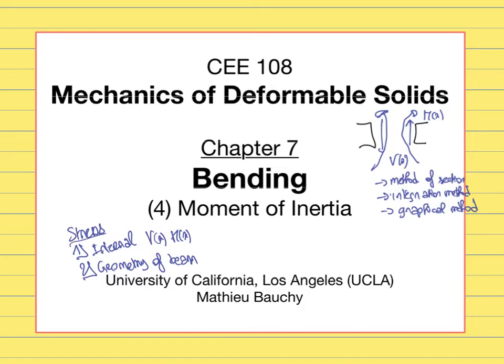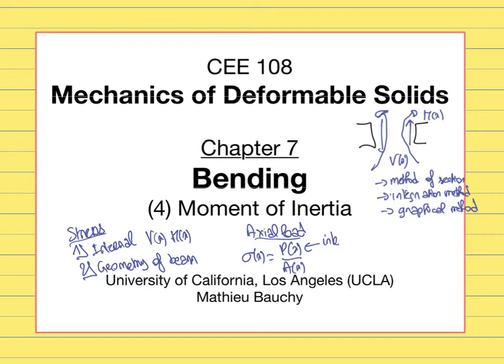So for example, in the case of the axial load, the formula that gives you the normal stress within a beam that is subjected to an axial load is given by the internal load at a given position x divided by the area of the cross section. In those cases, those two things are equally important.